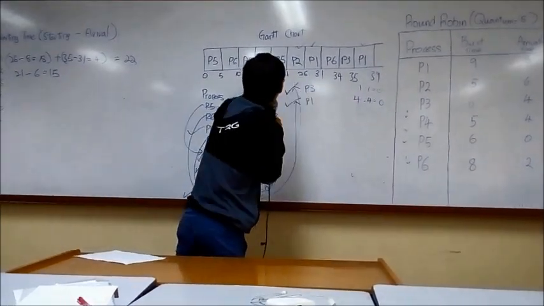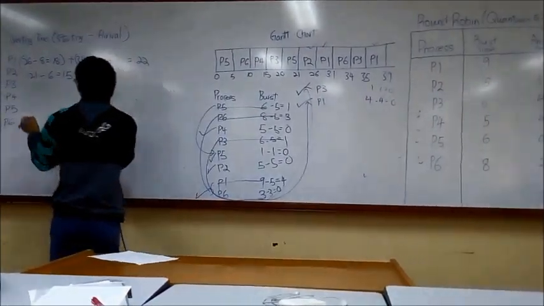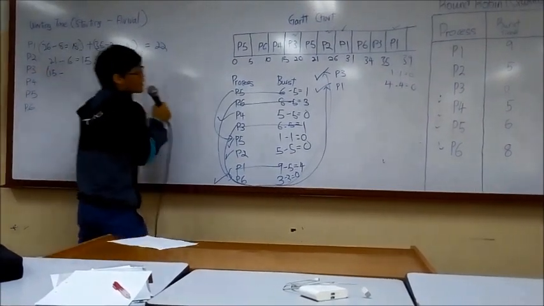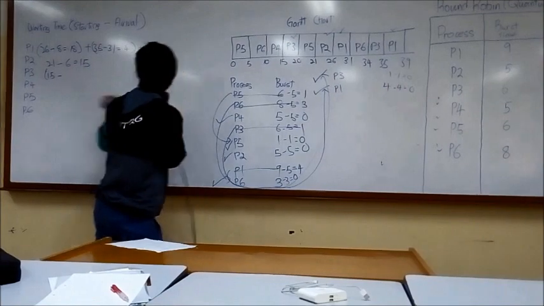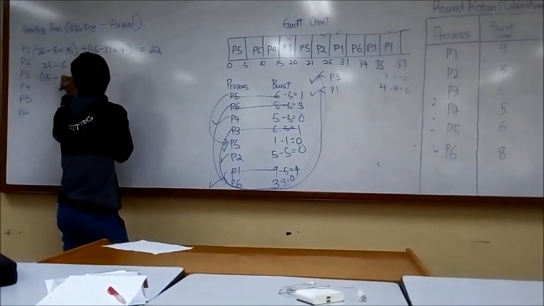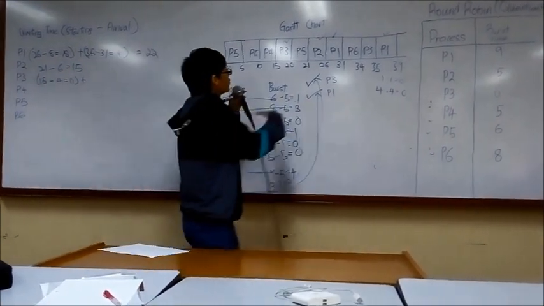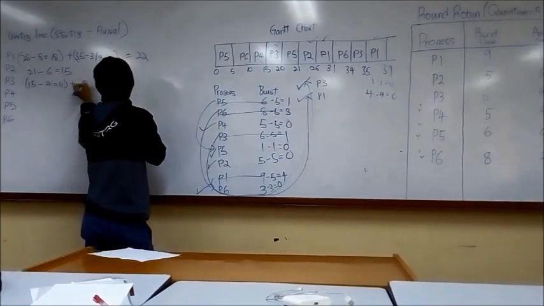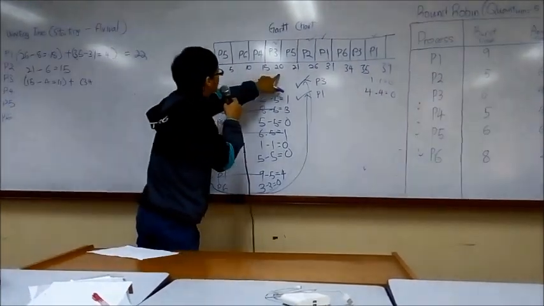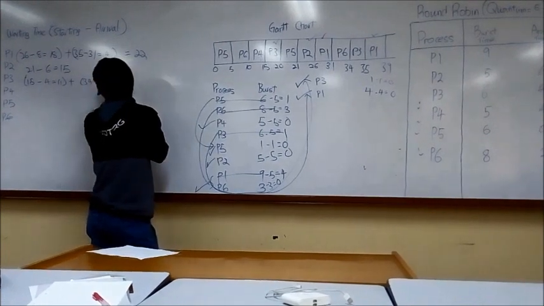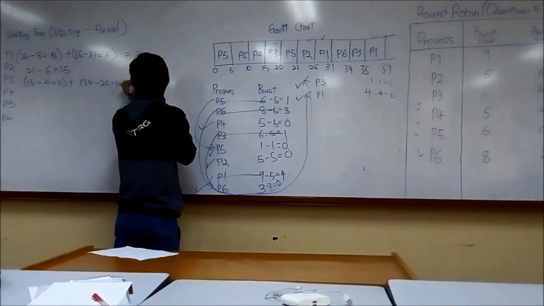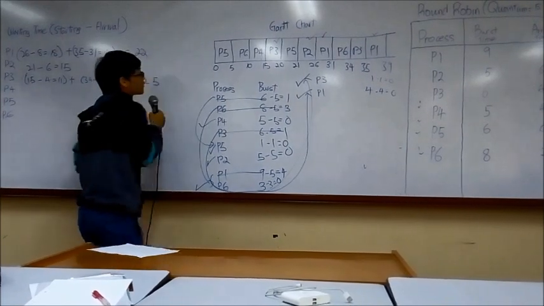Same also, it's separate, so we do it separately: the starting time 15 minus the arrival time 4 equals 11, plus the other P3 part, 34 minus 20, equal to 14, and 11 plus 14 equals 25.